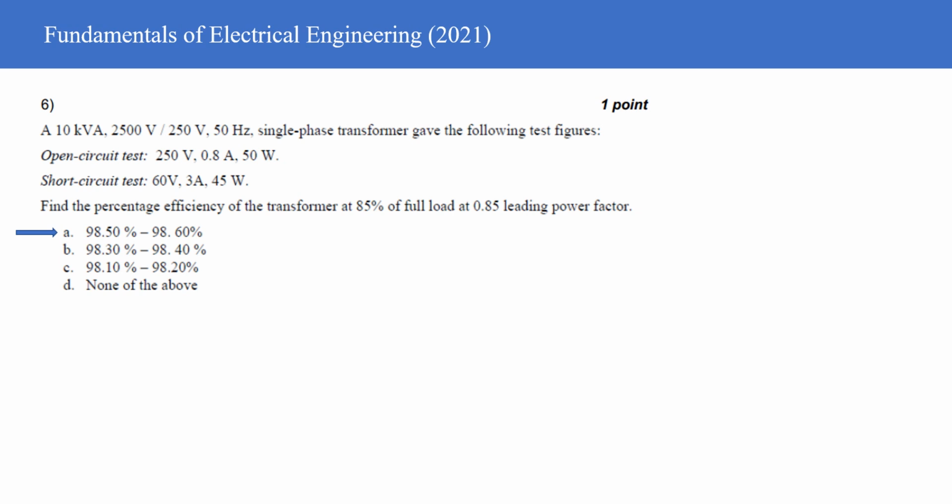So I know that efficiency is equal to P out divided by P out plus losses, and you can multiply it with 100% if you want to get it in percentage, right? But essentially it is power output divided by power output plus losses. So what is power output? Power output is equal to V I cos theta, right?